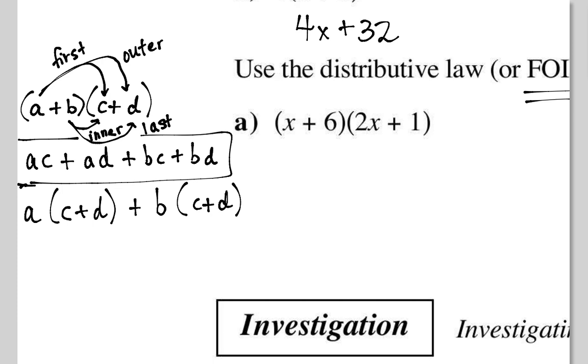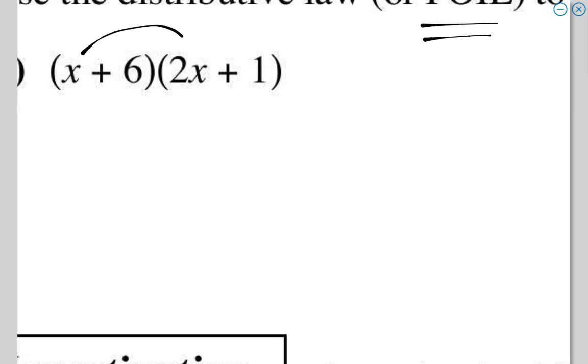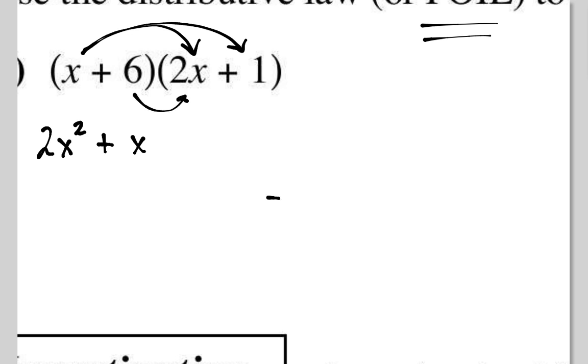All right, so let's try one. What do you guys think? Okay, so we have a 2x squared. And then we have 1x. Do you have to write the 1? So that's x being scaled onto the other 2. And then now you're going to put 6 onto the other 2.